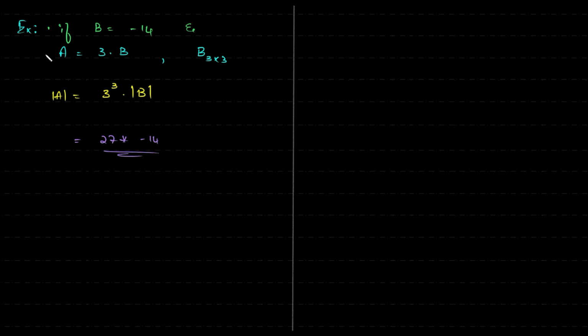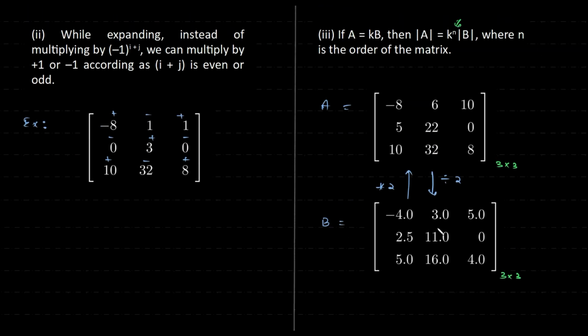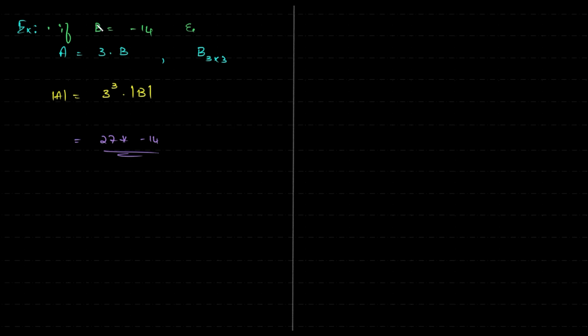Okay, yes, yeah, that is that, and in this case A will be 3 square times the determinant of B. I can use some other variables over here so that there's no confusion.